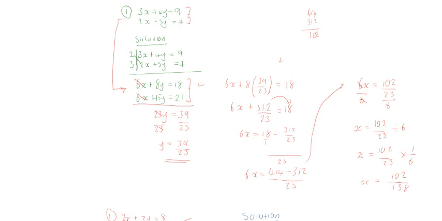So let me finish it from here. So now let us try to see if there's a number that could go into 102 and 138 without leaving a remainder. Okay, let us try to divide by 2 first. How many times does 2 go into 10? It's 5. How many times does 2 go into 2?